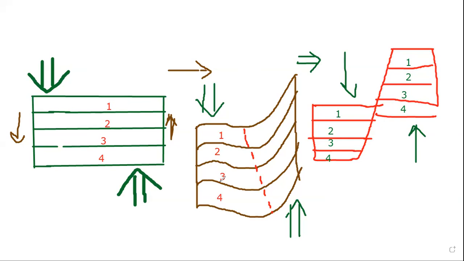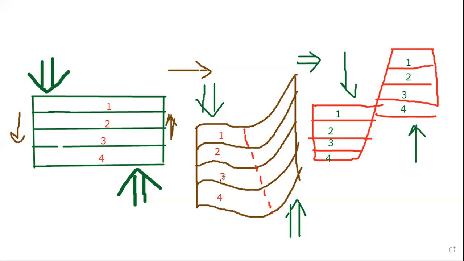One block moves upward, one block moves downward, and this movement in the horizontal rocks is considered as a fault.